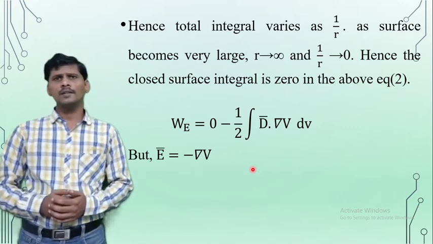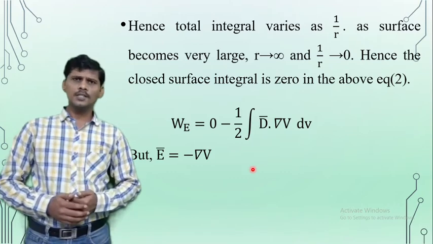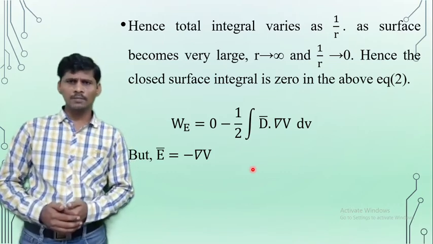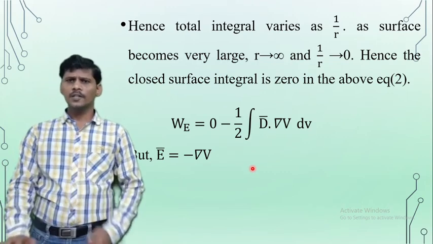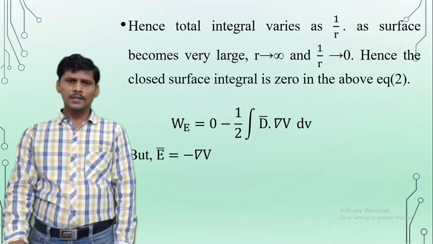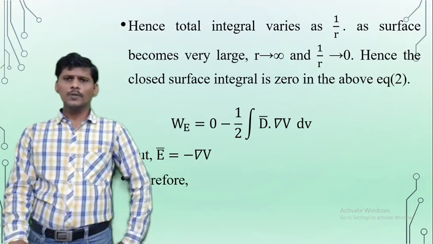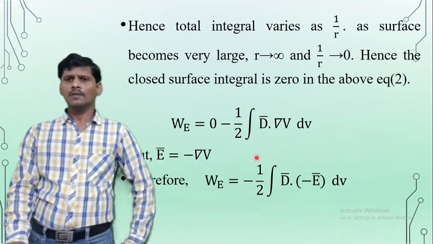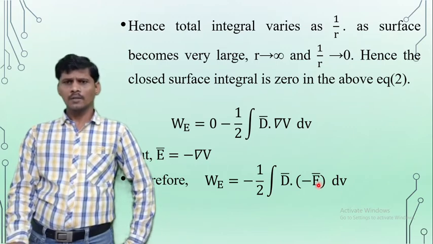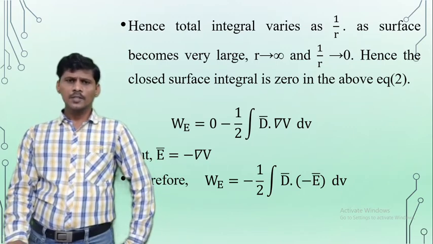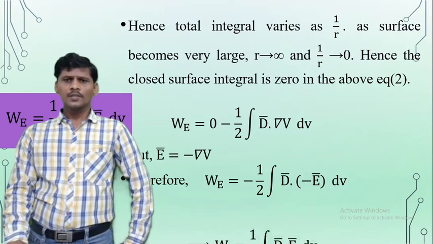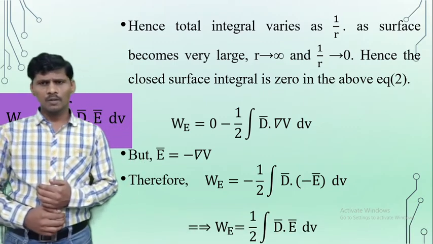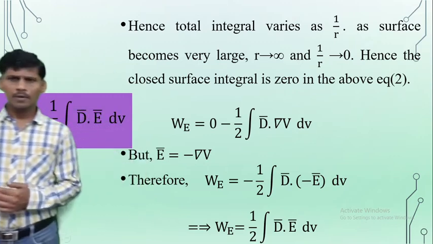But we know that the electric field intensity is the negative gradient of the potential, that is E bar equals minus del V. Applying that, the energy stored W equals minus 1 by 2 volume integral of d bar dot, with del V being minus E bar. So minus into minus is plus, and the energy stored W equals 1 by 2 volume integral of d bar dot E bar.